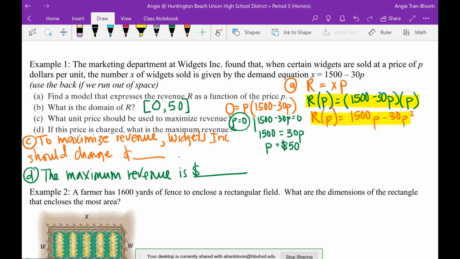Guys, the domain is there for you to enter in your window. Okay, and then zoom fit will do the rest. For this one, it's easy. Not all the time it's like that. Sometimes the parabola is a little bit skewed, so it's not right at the center. But this one is definitely right at the center.